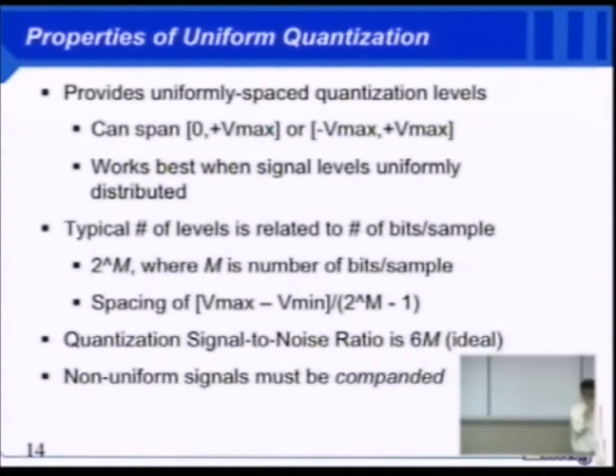uniform quantizer. What makes an ideal uniform quantizer? The quantizer has uniform levels, and the signal has a probability density function, a distribution of amplitudes, that matches that uniform range. If that's the case, then you can achieve up to 6m in dB. That's in the dB scale, where m is the number of bits.